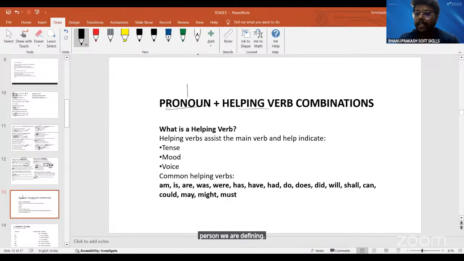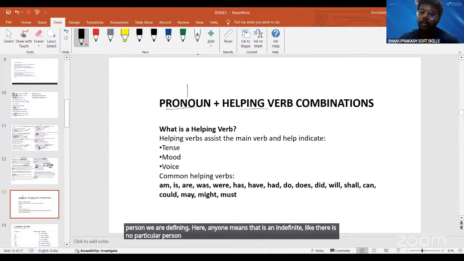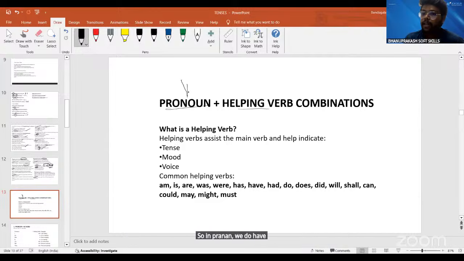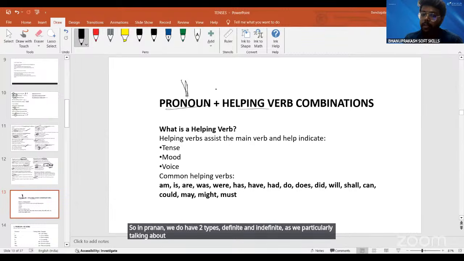Anyone is indefinite, as there is no particular person we are referring to. So in pronouns, we have two types, definite and indefinite. Here we are particularly talking about definite pronouns, which are I, we, they, me, she, it, all these. And we also see subjective pronouns are wholly different from objective pronouns.